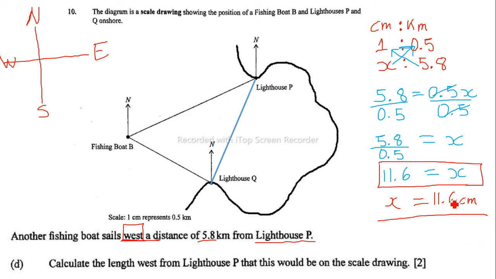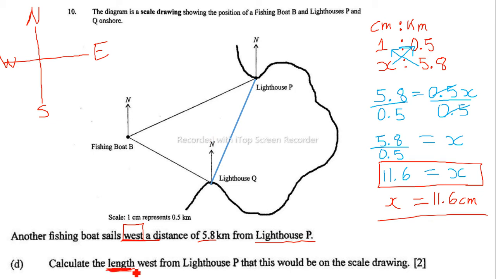Okay. So it's 11.6 centimeters. So this length, the new line that we must draw. I mean, they didn't tell us to draw it, but they just want us to figure out its length.